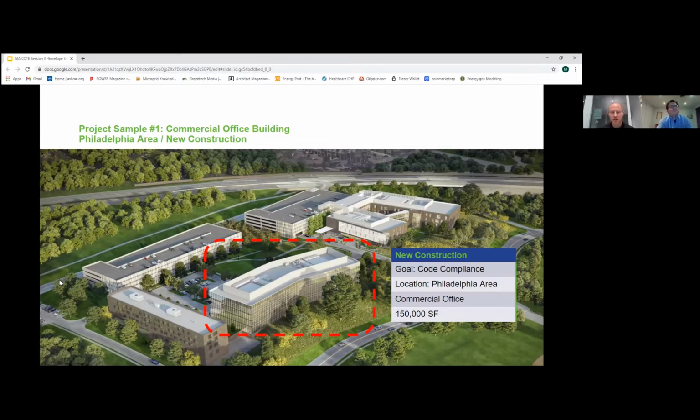So peak load is really impacted. Again, the goal was code compliance for this. So the base system is a code compliant packaged rooftop HVAC system. So it really shows that where energy savings is going to come from is the envelope.